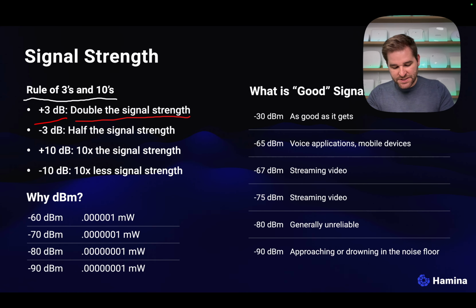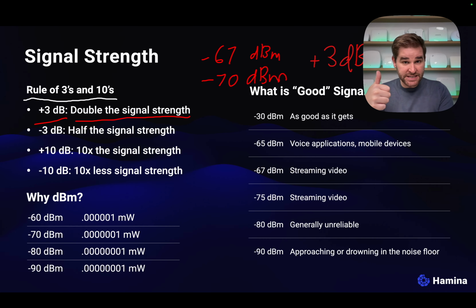So let's say that we're sitting at negative 70 dBm, and then we see that the receive signal strength goes up to negative 67 dBm. We just went up 3 dB. We just had 3 dB of gain. If you go up 3 dB, that is doubling your signal strength. Let's go the other way now.